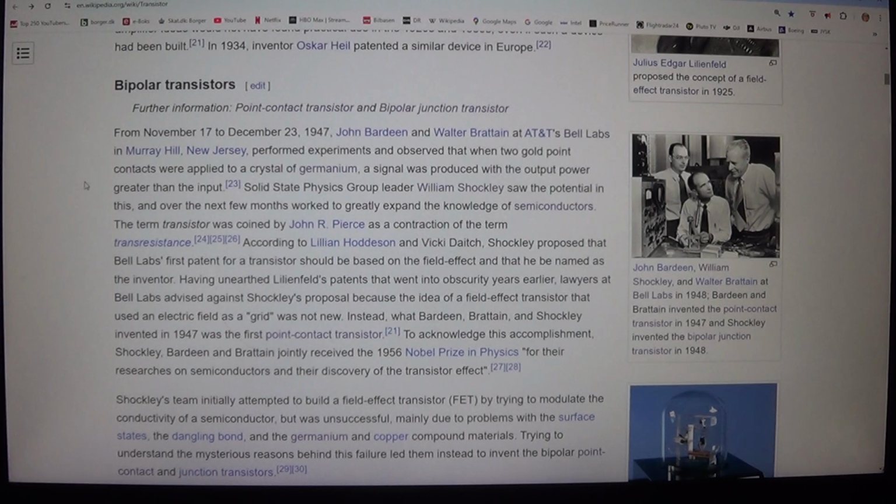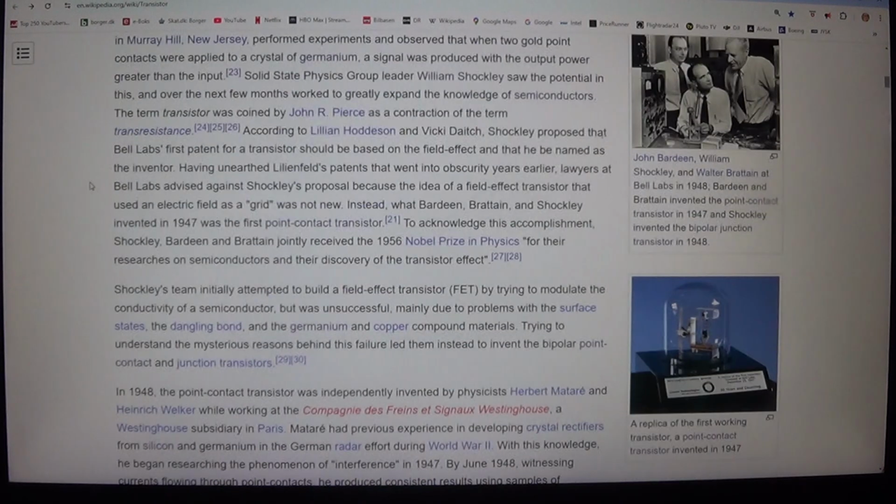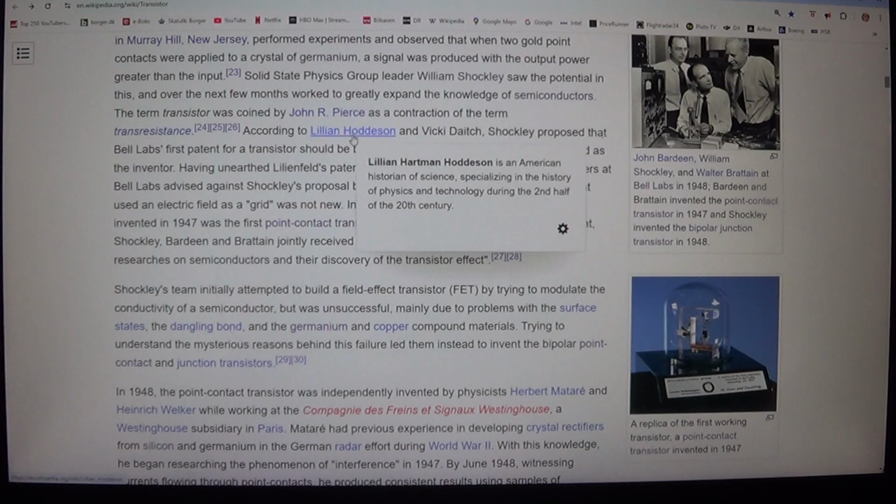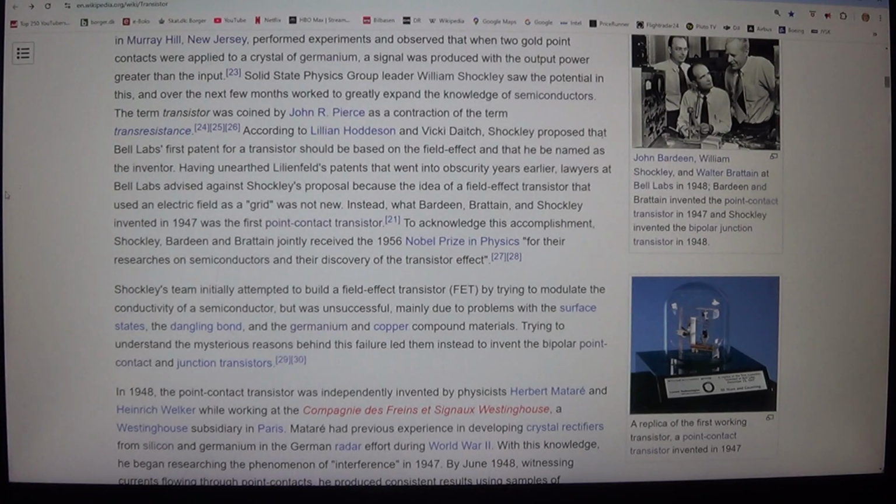The term transistor was coined by John R. Pierce as a contraction of the term transresistance. According to Lillian Hoddeson and Vicki Daitch, Shockley proposed that Bell Labs' first patent for a transistor should be based on the field effect and that he be named as the inventor. Having unearthed Lilienfeld's patents that went into obscurity years earlier, lawyers at Bell Labs advised against Shockley's proposal because the idea of a field effect transistor that used an electric field as a grid was not new.